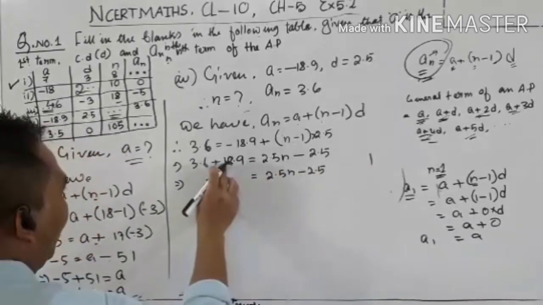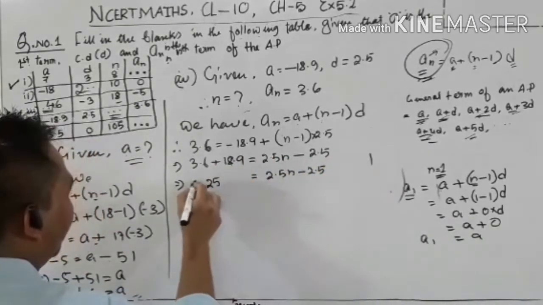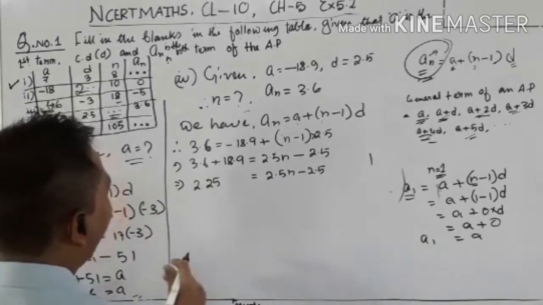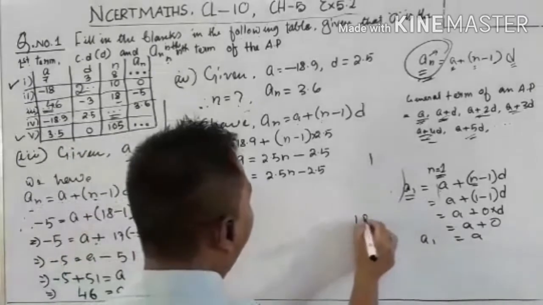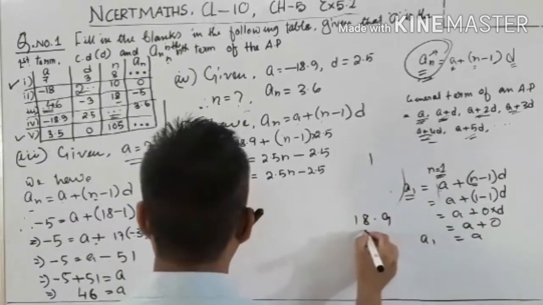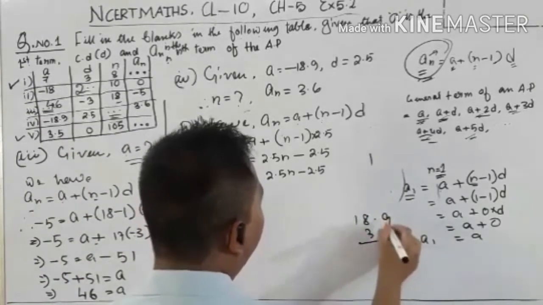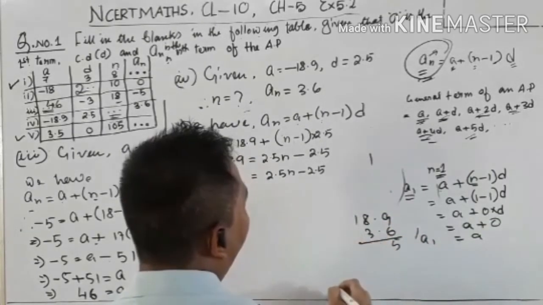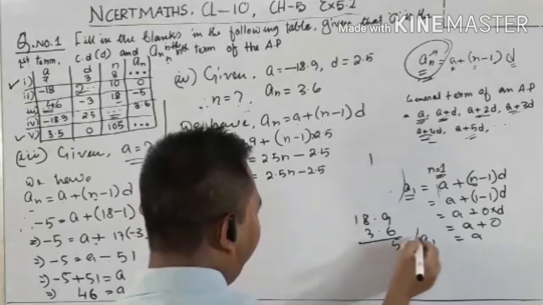And then 1 plus 1, that is 2. Let me do it here: 18.9 and 3.6, right? 6 plus 9 is 5, 1 in hand. 8 plus 3 is 11, then 12, right?